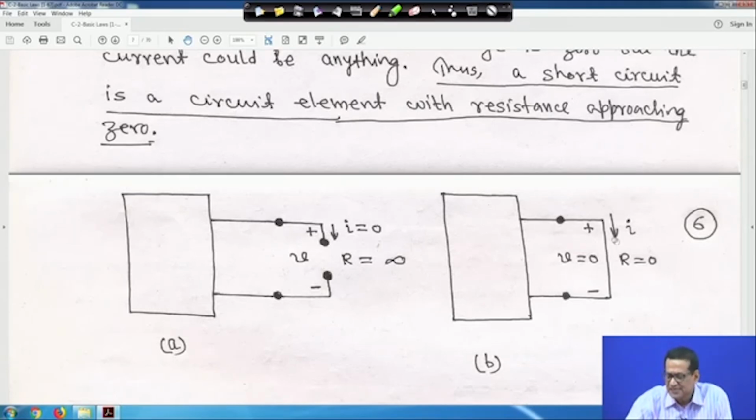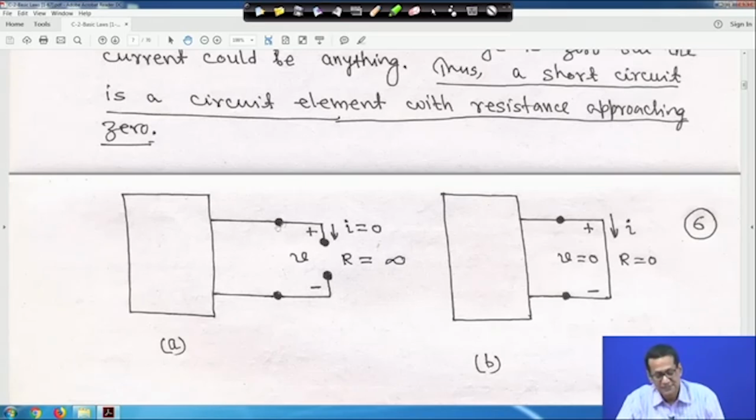And when R is equal to 0, just connect it like this with no other electrical elements, simply a wire. We are not considering the resistance of the wire, it is neglected. So, when R is equal to 0, I is equal to V by R. R equal to 0 means it is a short circuit, a huge current will flow, and in that case V is equal to 0. So, for an open circuit V is there, but I is 0.